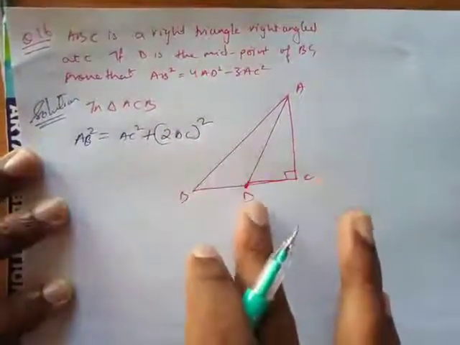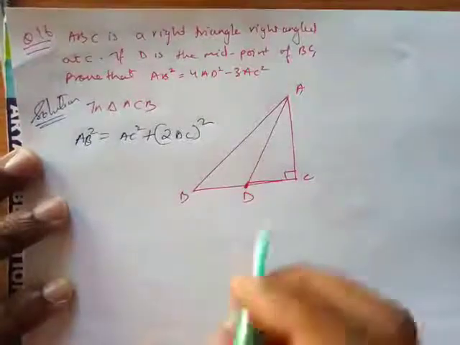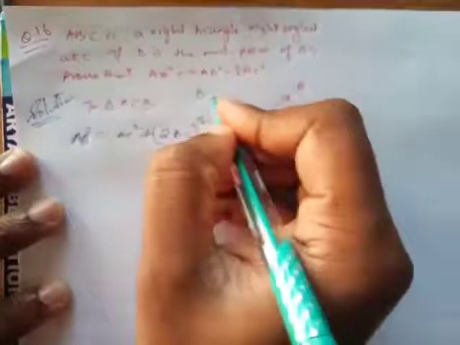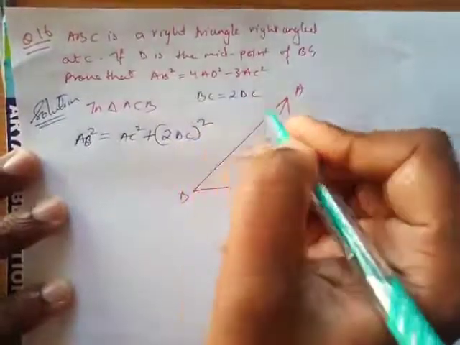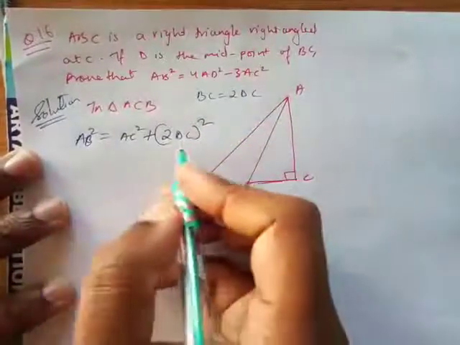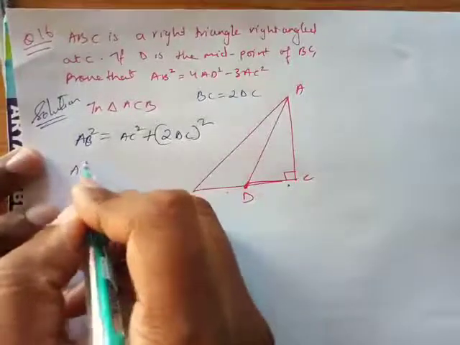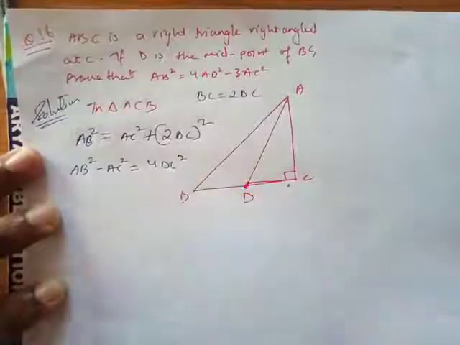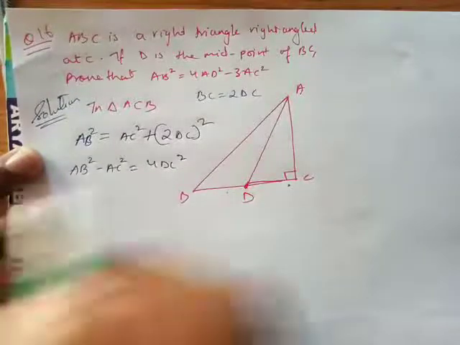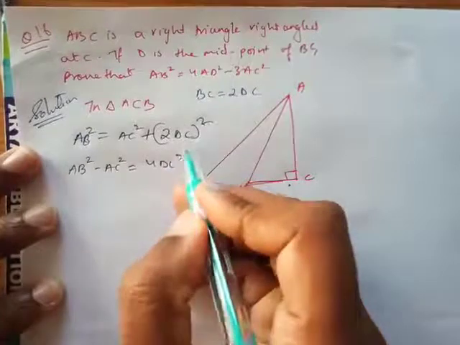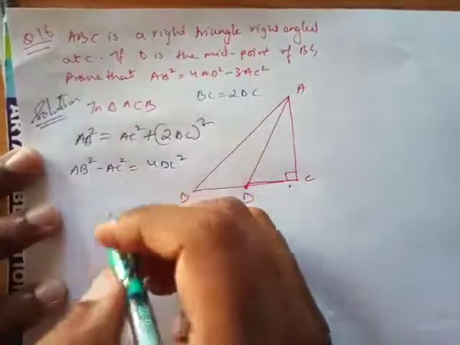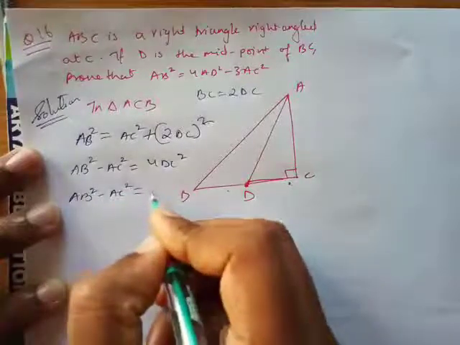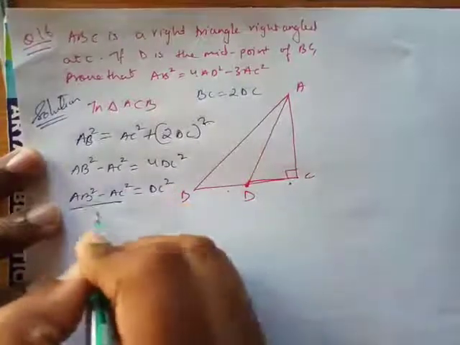I am writing 2DC in place of BC, क्योंकि ये DC एंड DC इधर भी लिख सकता हूँ. 2DC हो गया BC की जगह, तो मैंने करा क्या, BC की जगह क्या लिख दिया, 2DC. Now if I see this, AB square minus AC square is equal to 4DC square. समझ आया? स्क्वायर इसका होगा तो 4 हो जाएगा, इसका होगा तो DC का स्क्वायर लग जाएगा, AC उस तरफ चला गया. Now AB square minus AC square equals DC square upon 4.